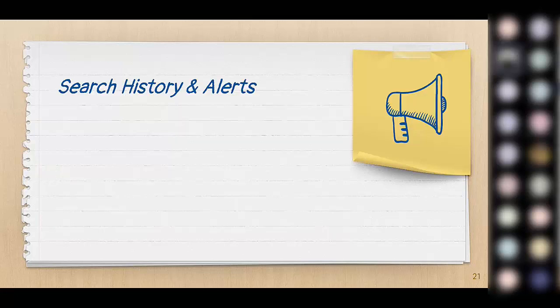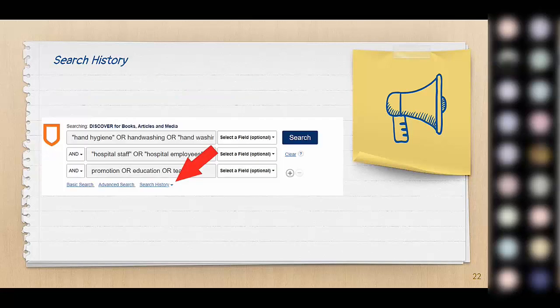And then we'll go on to search history and alerts. Various databases allow you to find your search history, and some allow for alerts to be set up. Many of these require setting up a personal account with the vendor that the database is run by, such as EBSCO or ProQuest. Here's an example from an EBSCO database.